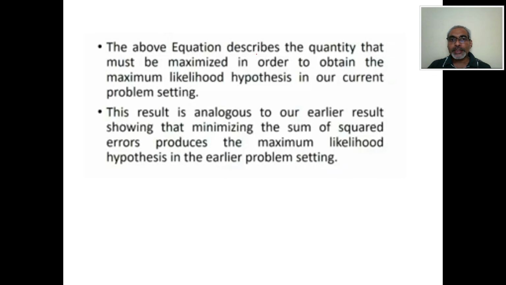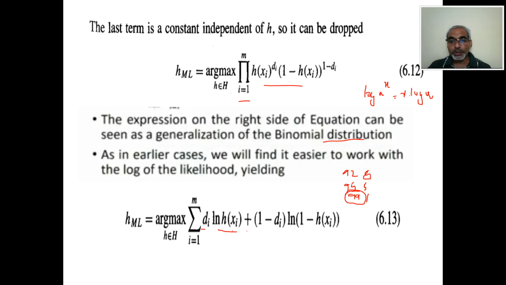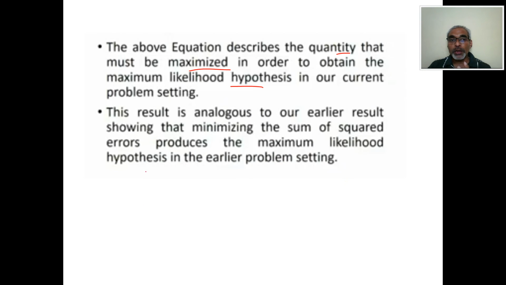Now this above expression describes the quantity that must be maximized in order to obtain the maximum likelihood hypothesis in our problem setting. You can see which term has to be maximized to get the maximum likelihood hypothesis.